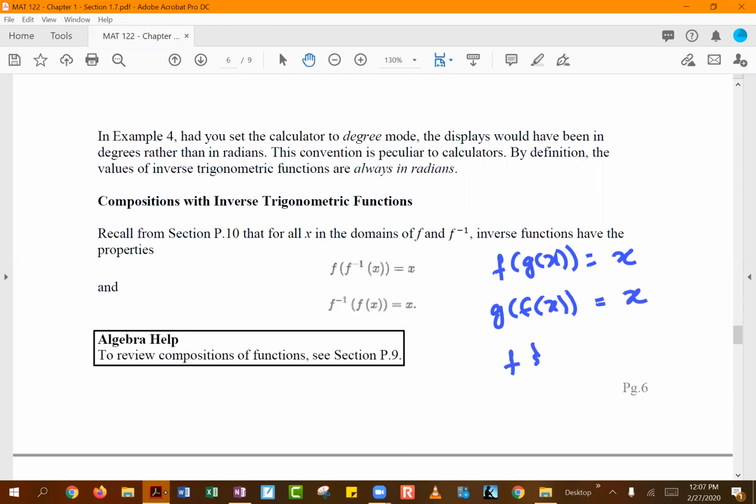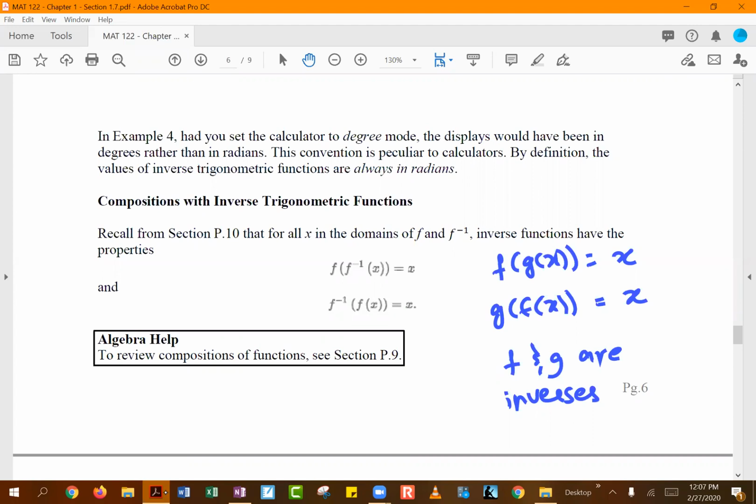We're basically saying f and g are inverses of one another. So that's the same exact rule we are using here. If you have f and f inverse, and you take their composition, you should always come out with the variable x as your answer, and it doesn't matter in what order you do the composition. You're always going to get that.